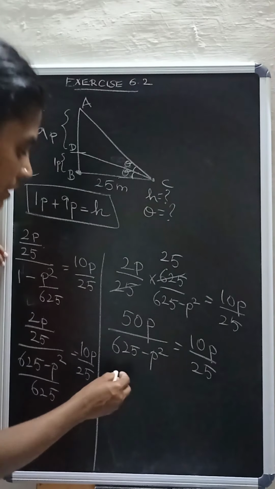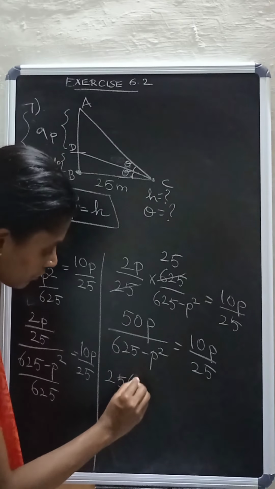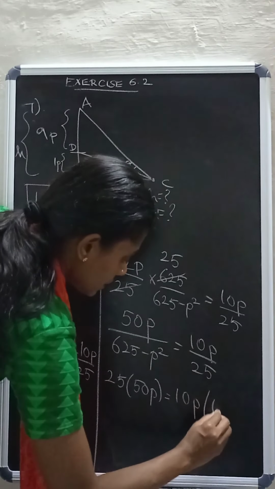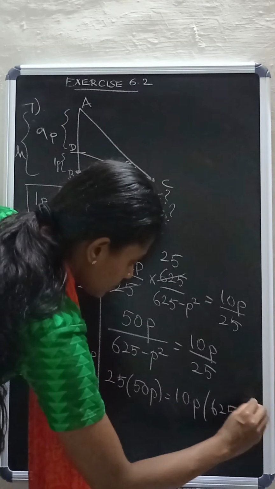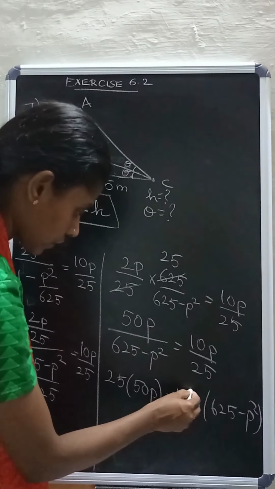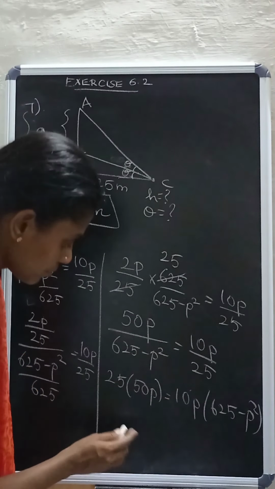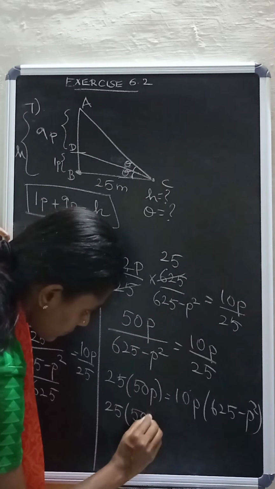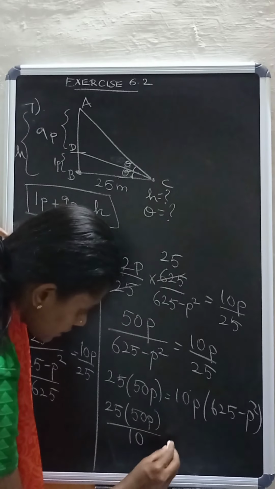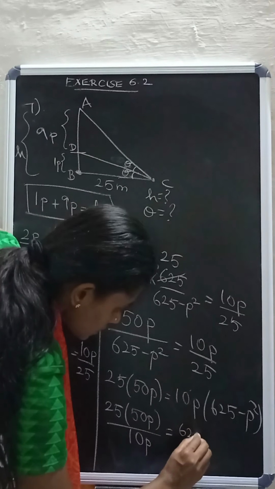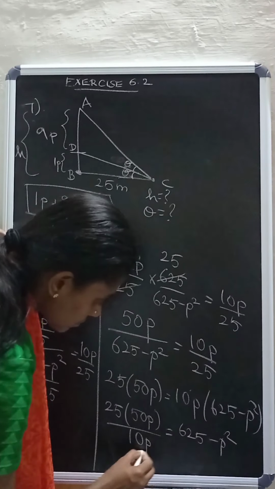Now cross multiply. 25 into 50p is equal to 10p into 625 minus p square. This 10 bring it here. So 25 into 50p divided by 10p is equal to 625 minus p square.